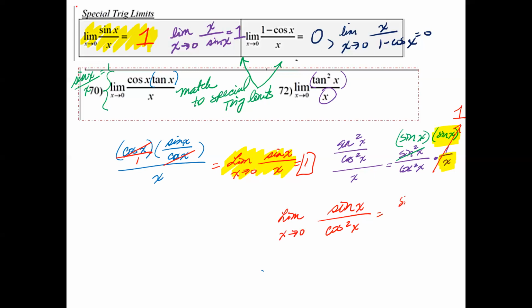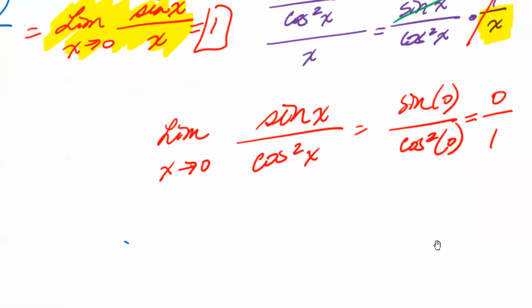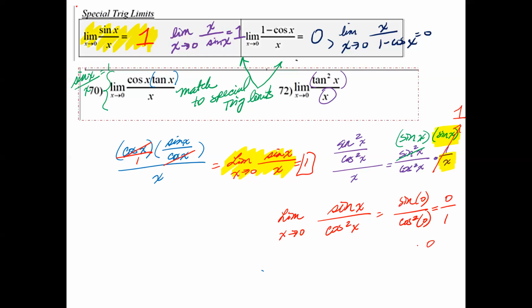So what is sine 0 over cosine squared 0? Well, cosine squared 0 is not going to give me a 0, which is awesome. Sine 0, however, will give me a 0. Cosine squared 0 is going to give me a 1. So my answer is going to be just 0.